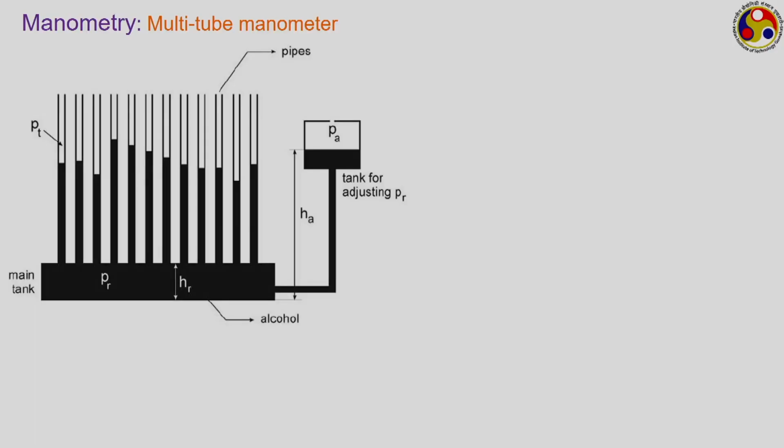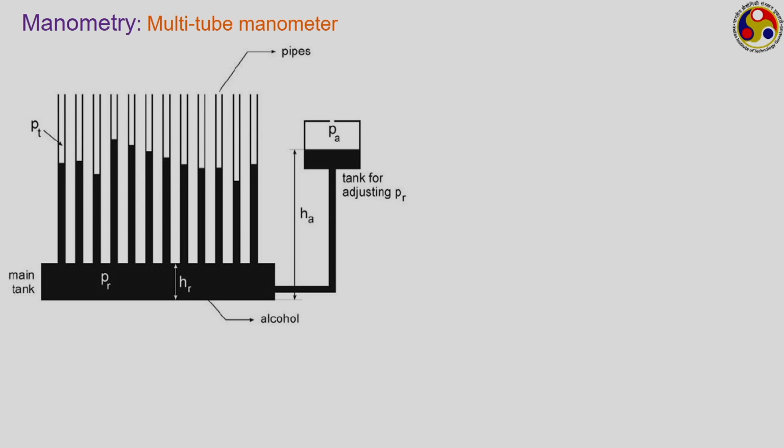Quite often in industrial applications you will find we use multiple manometers, also called multi-tube manometers, where instead of one we need pressure measurement at different positions of the same pipeline or channel.